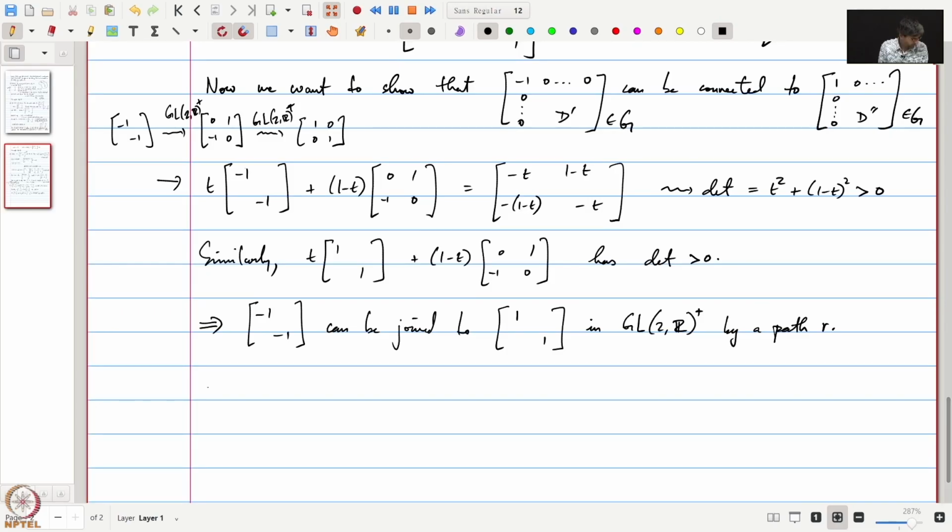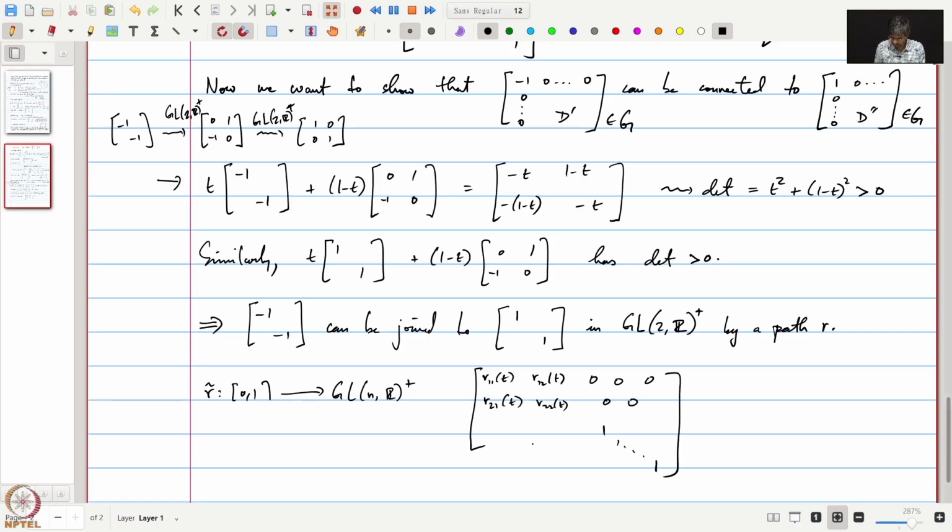Okay, so now we define a map from 0, 1, using this gamma, let's say gamma tilde, to GL n R plus by gamma 1 1 of t, gamma 1 2 of t, gamma 2 1 of t, gamma 2 2 of t, and here all zeros, here identity, and 0 over here.